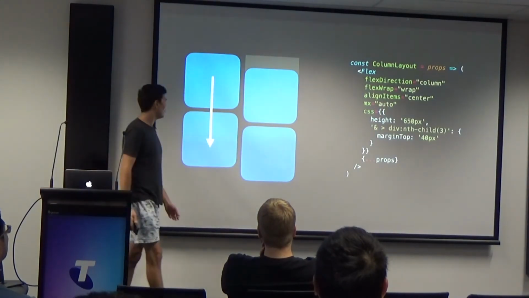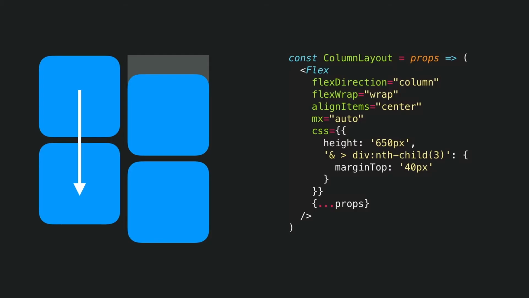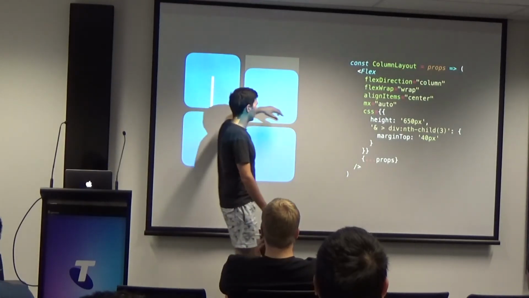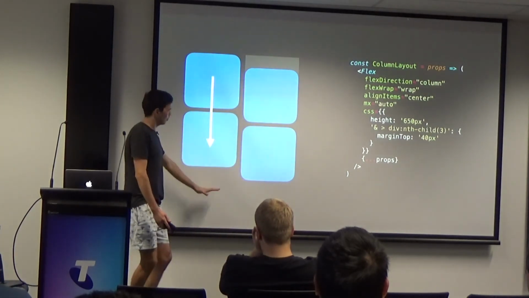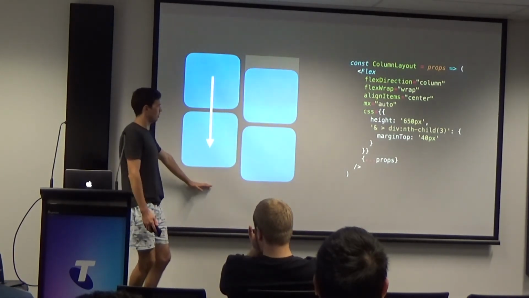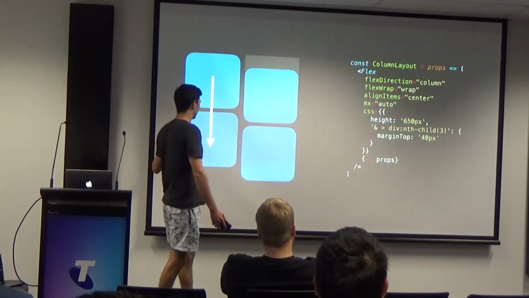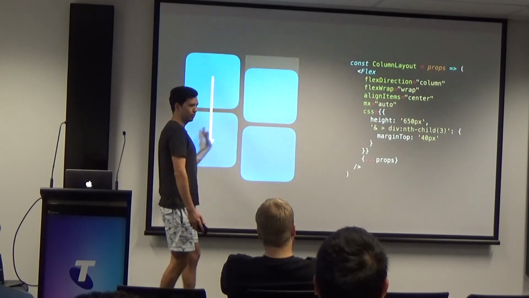And then, because we want to be able to put all these cards somewhere, I'm going to make a layout to put them all in. So this is a flex container that's going down in the column direction that wraps at the maximum height and then goes back down there. And we're aligning everything centered along the flex direction.